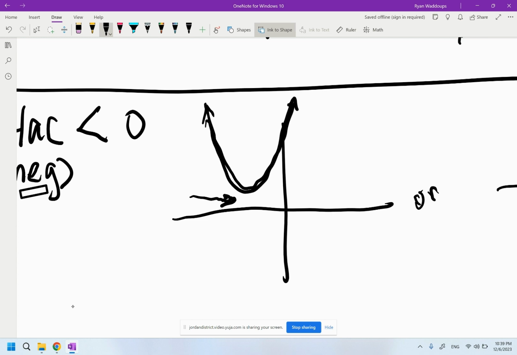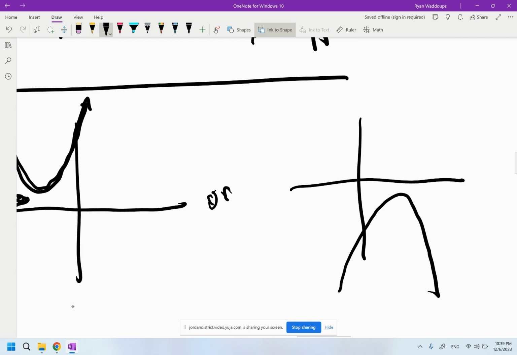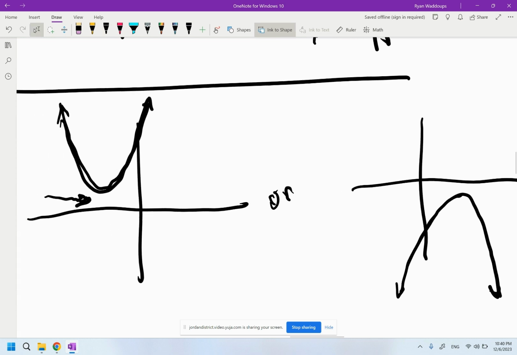There's a space there, or it could be down below and it comes up and does not touch the x-axis. And so these scenarios are when we would have 0 real solutions, or 0 real roots, or 0 x-intercepts. It doesn't intercept the x-axis at all.